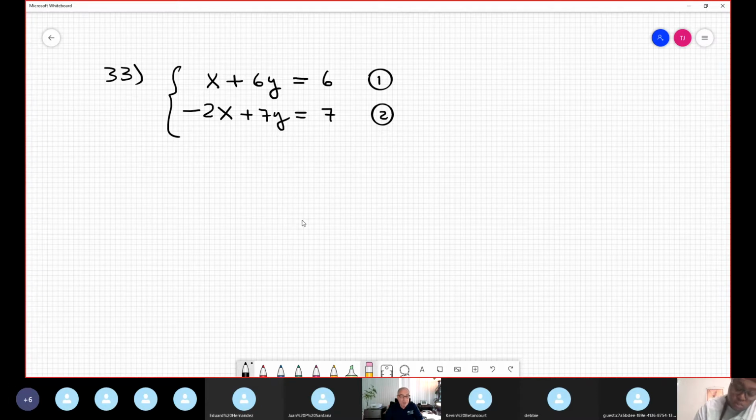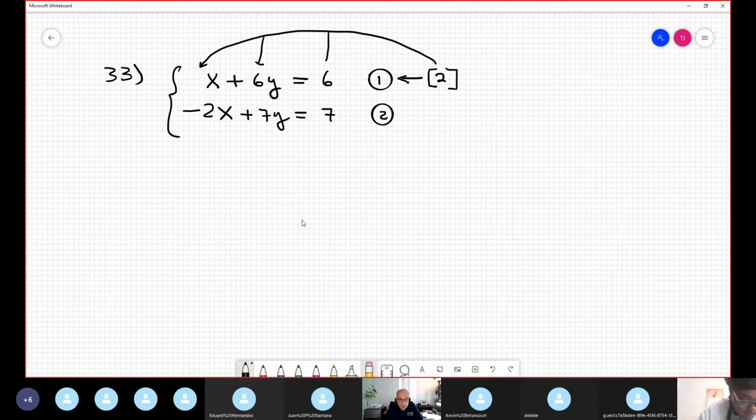Okay. Entonces, remember, I need the same coefficients, the same number. 6 and 7 is no good, but 2 and 1 is good, right? If you multiply, for example, this equation by positive 2, the entire equation, of course, this multiplier working here, and here.